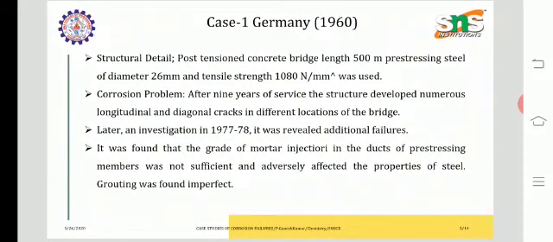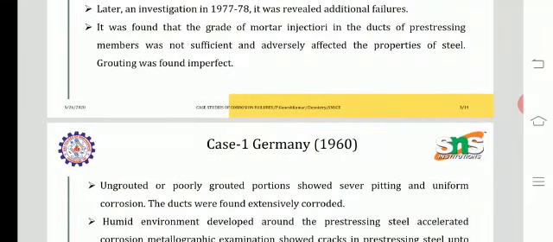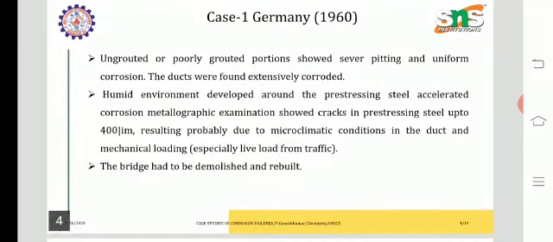Grouting was found imperfect, and this imperfection created longitudinal and diagonal damages. The poorly grouted portions showed severe pitting and uniform corrosion.